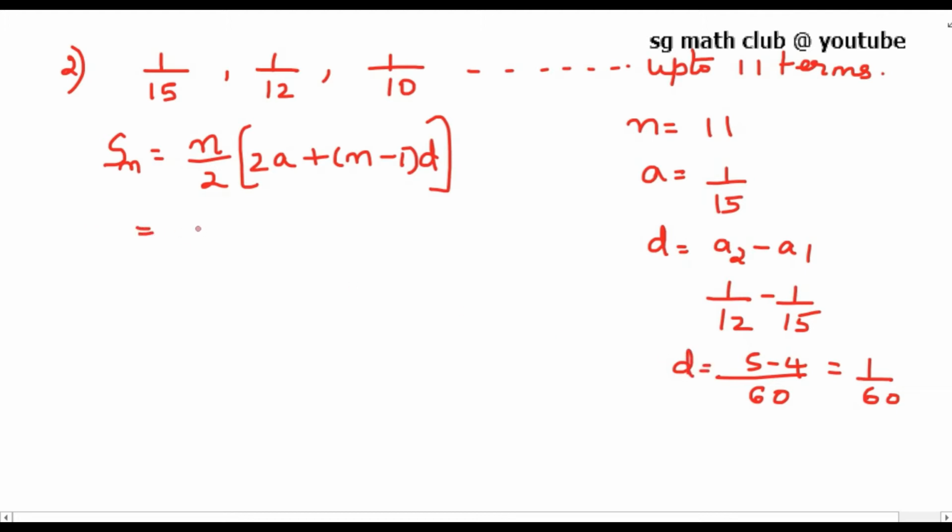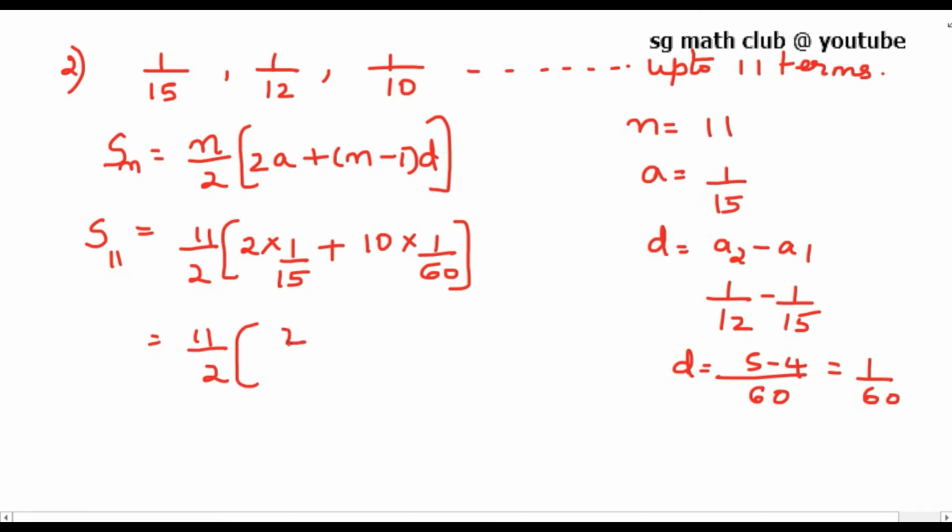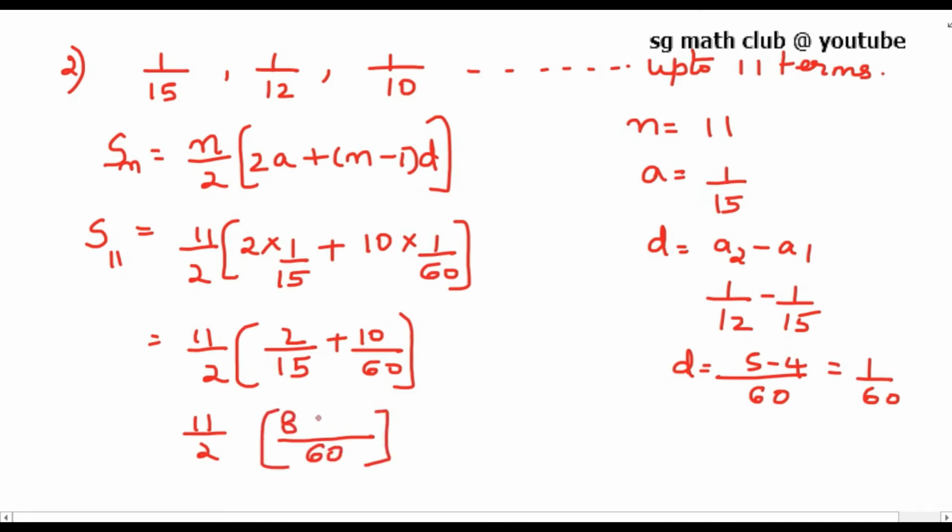Now we substitute: S11 = 11/2 × (2 × 1/15 + 10 × 1/60), since 11 minus 1 is 10. This equals 11/2 × (2/15 + 10/60). Again the LCM is 60. 15 fours are 60, so 2 fours are 8, and we have 11/2 × 18/60.